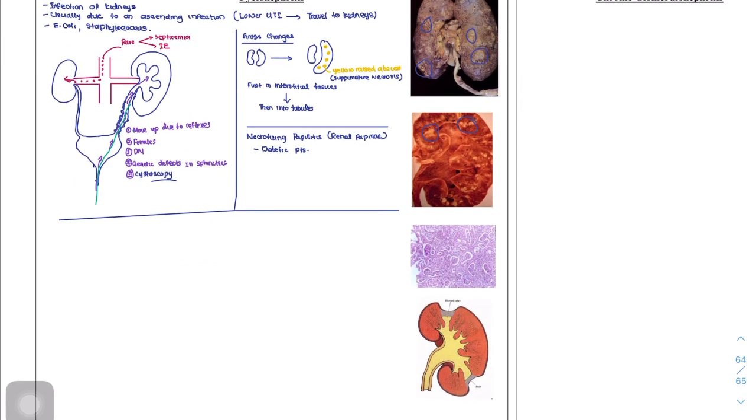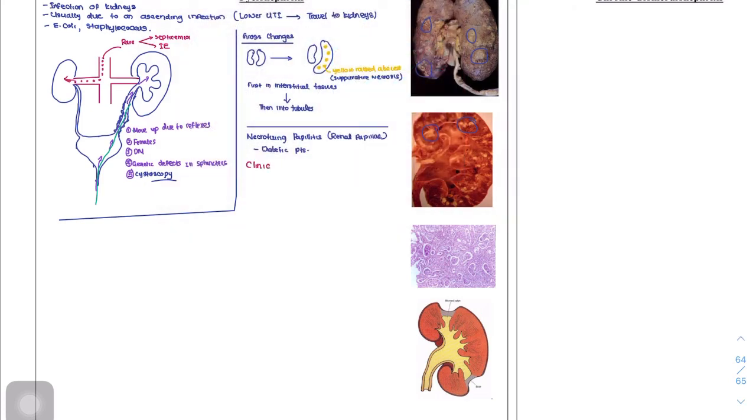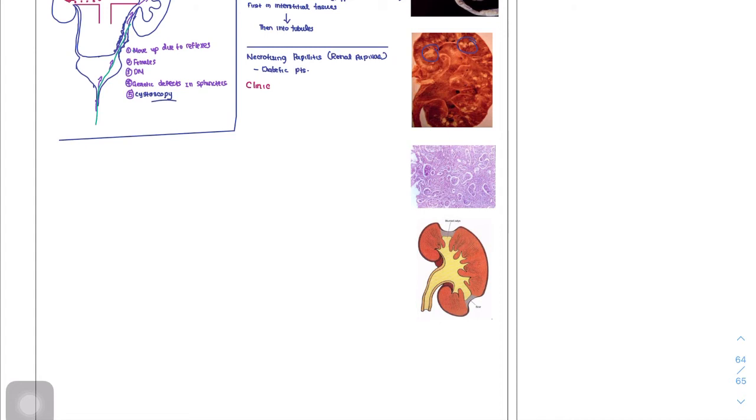Oh yeah. Before that, I want to talk about the clinical picture. So the clinical scenario is, there's going to be sudden pain in the waist region, in the back region. Since this is an infection, there's going to be systemic symptoms, that is fever, chills and malaise.